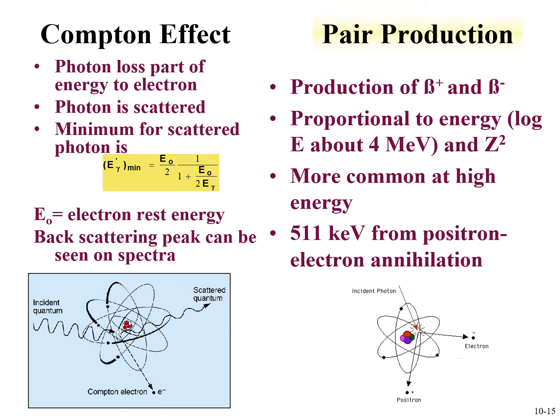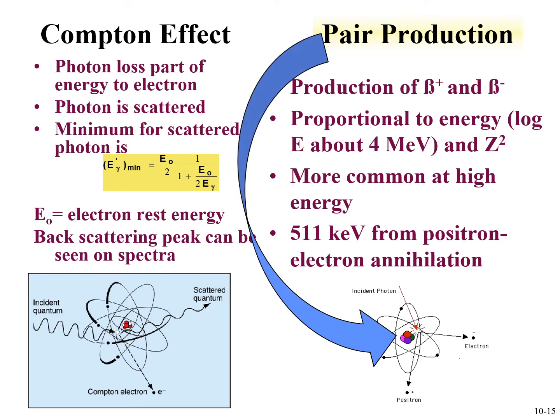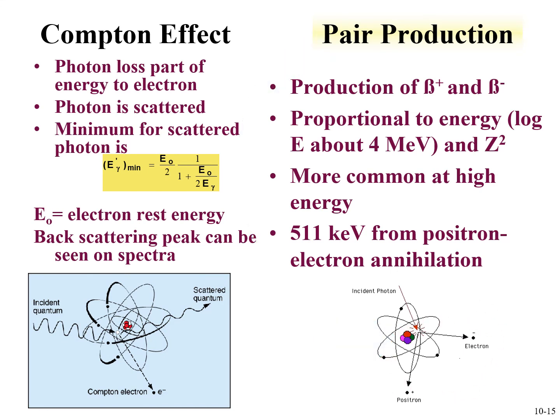A final reaction is pair production, where a photon comes in and has enough energy to produce an electron and a positron. It's proportional to the energy and the square of the Z of the material in which the reaction is occurring. Obviously, it's more common at high energy.